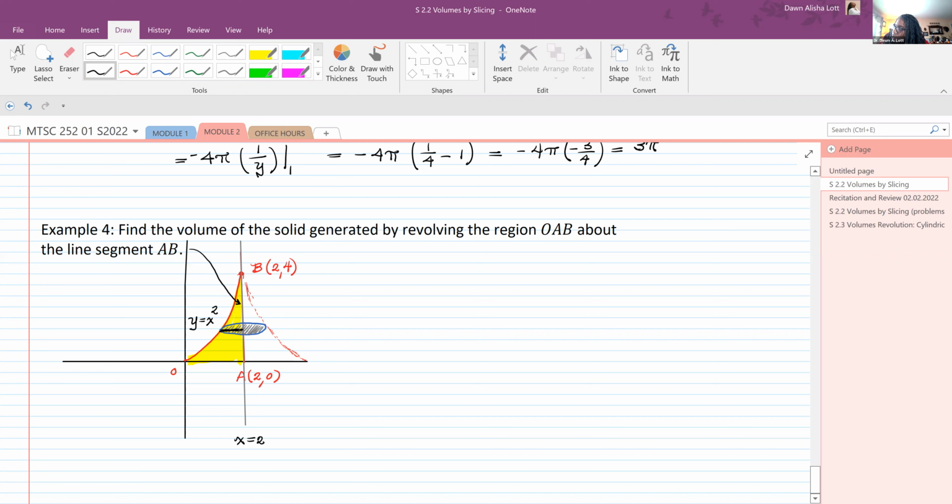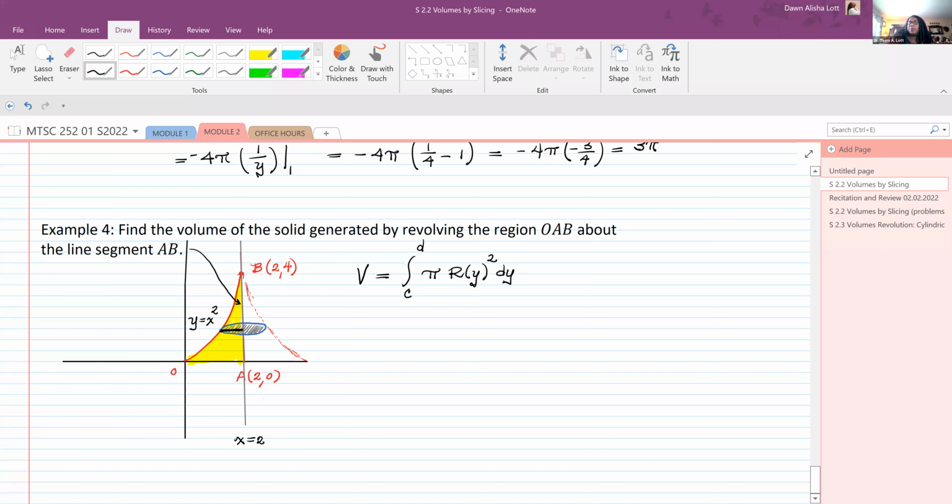I can only choose the part of the circle that's inside the domain that I'm looking at. So that's the radius of the disk, and I'm revolving it in the y direction. So the volume is going to be the integral from C to D of pi times my radius of y squared dy.